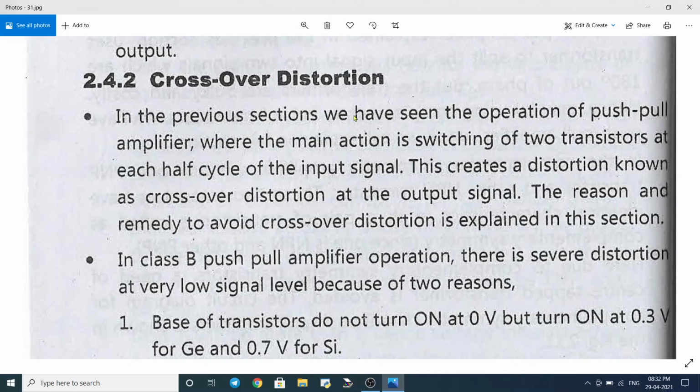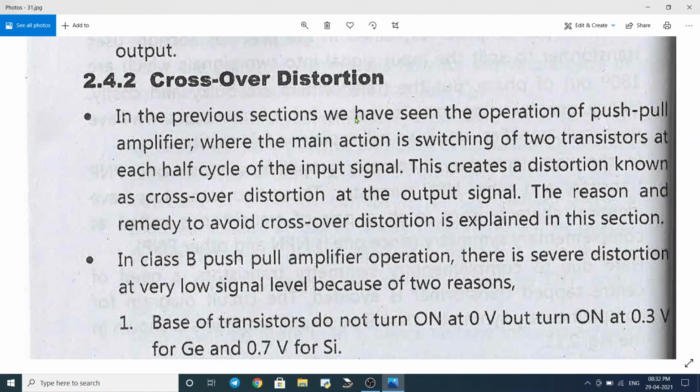We know distortion means any unwanted change in the output waveform with respect to the input waveform. Any unwanted or undesired change in the output wave shape with respect to the input wave shape is called distortion.